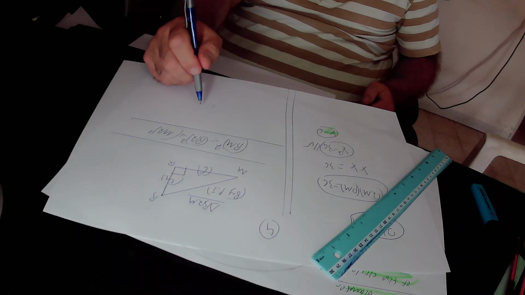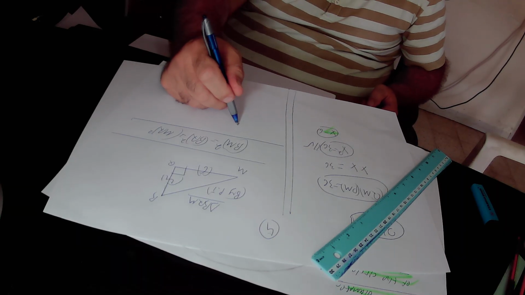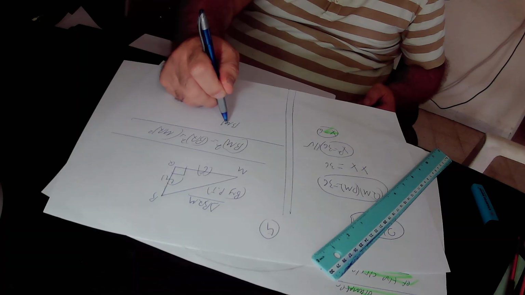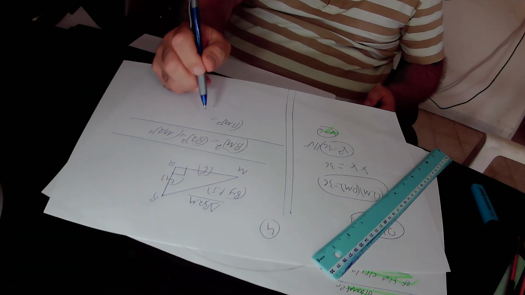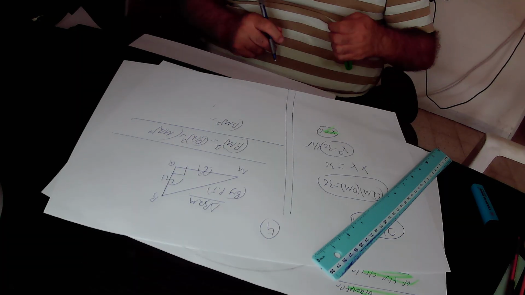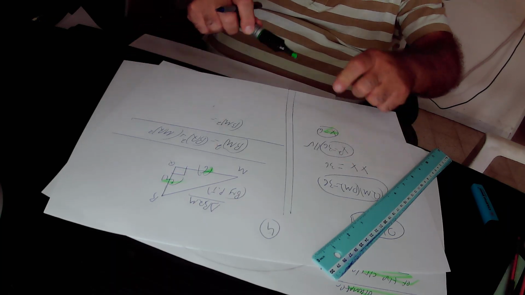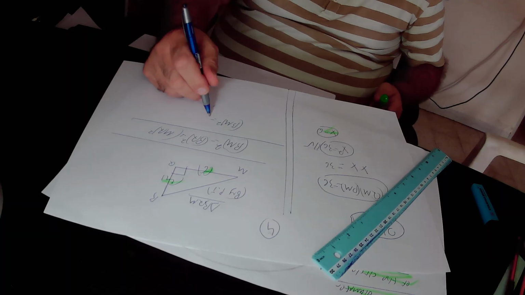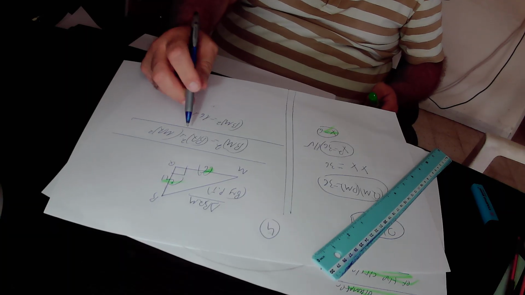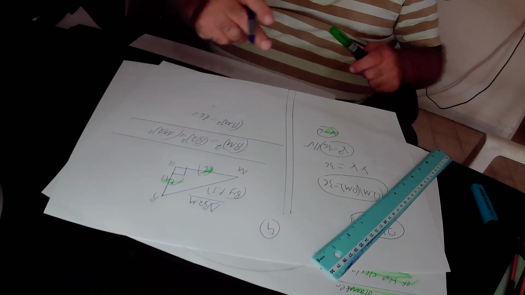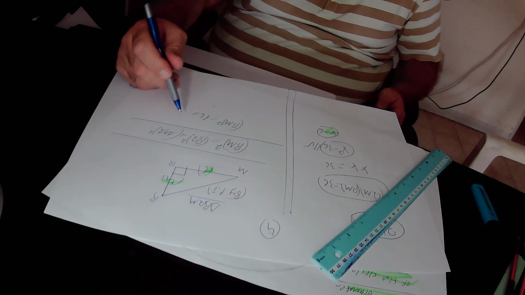BM is the missing side, so it is BM squared equals BQ squared. BQ is 4, therefore BQ squared is 4 squared, it is 16. Plus MQ squared. MQ is 6, therefore MQ squared is 6 squared, that is 36.